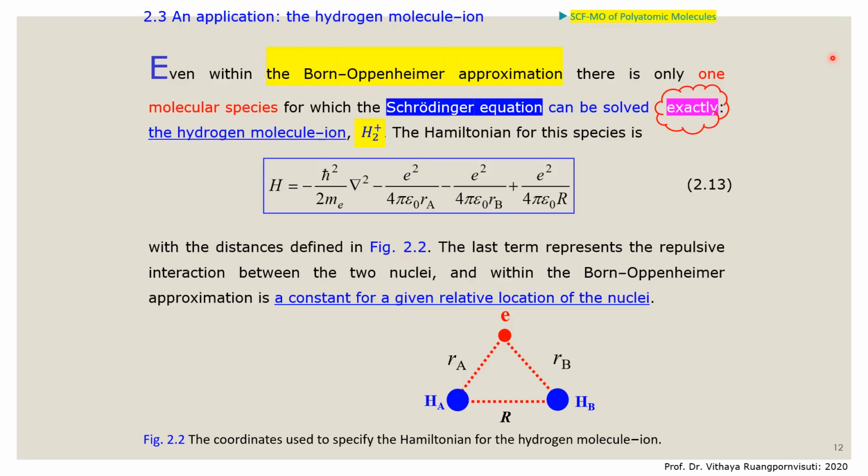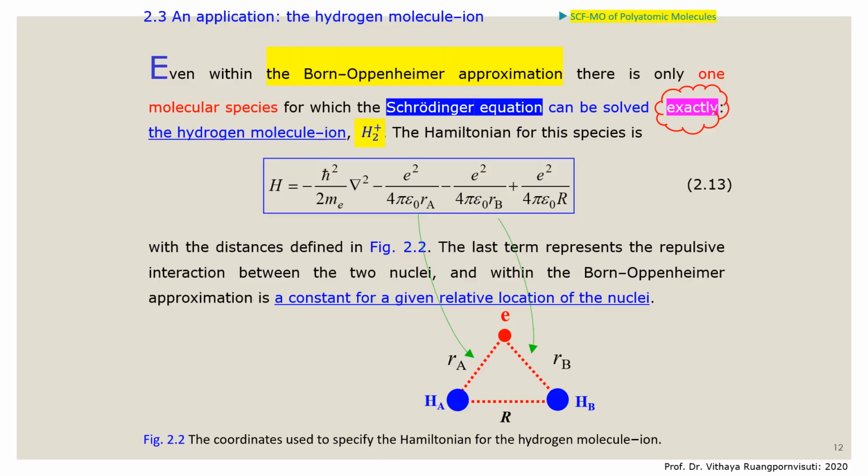The Hamiltonian operator of the hydrogen molecule ion can be written as equation 2.13. The first term is the kinetic energy of the electron.